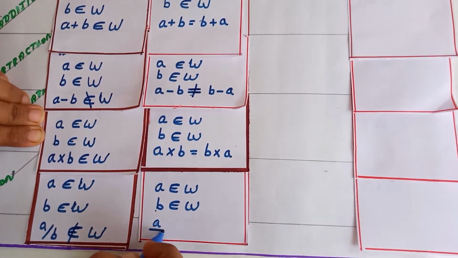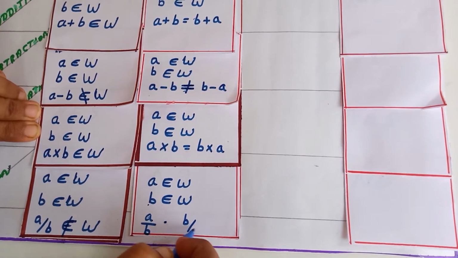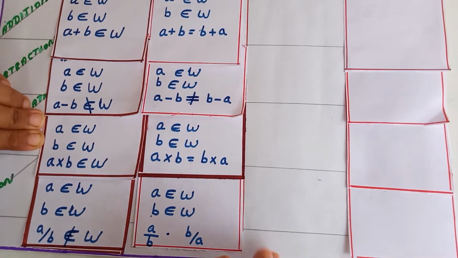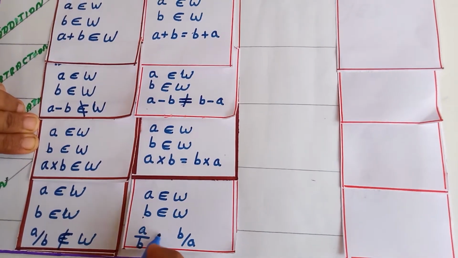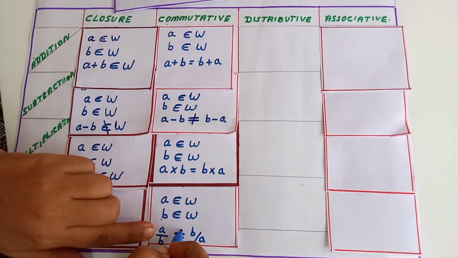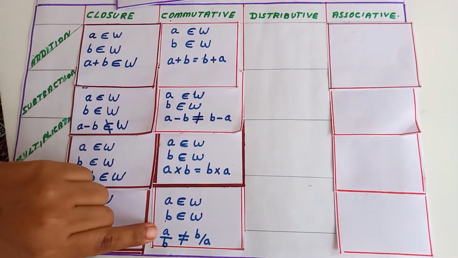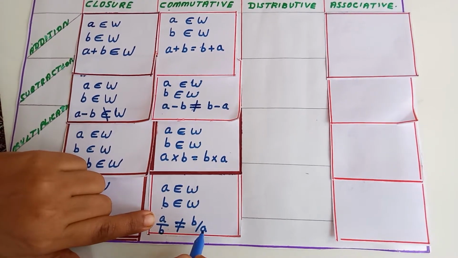A by B and B by A. Will both be equal always? You remember by our examples. See the answer? No. It won't be equal sometimes. For some cases it will be equal and for some cases it won't. So I can write here that A by B will not be equal to B by A.